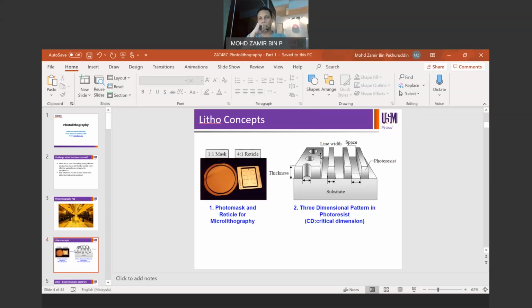And you can also print holes, as shown on the left hand side here, holes of a certain diameter. These are already defined on the reticle before you do the lithography process. We're going to see later at what step you print lines and at what other steps you print holes.